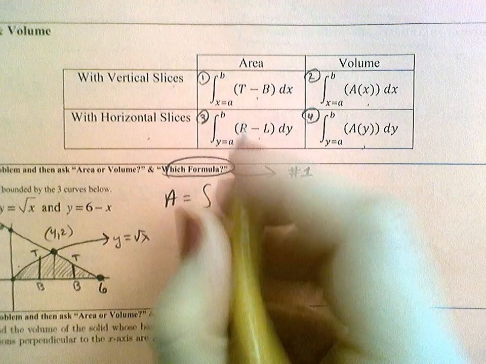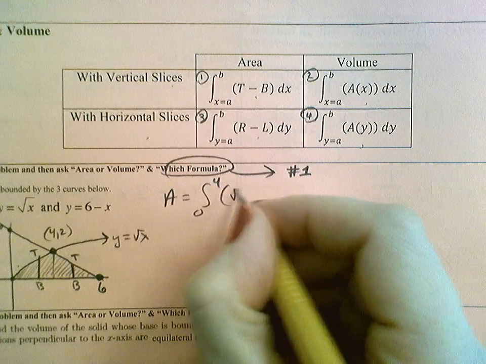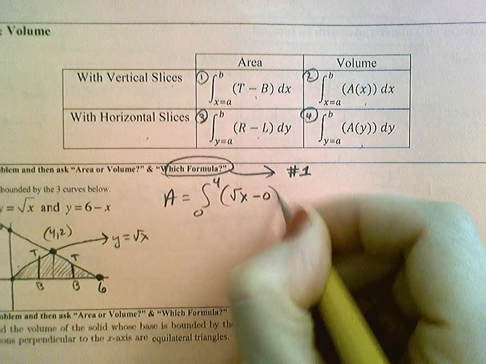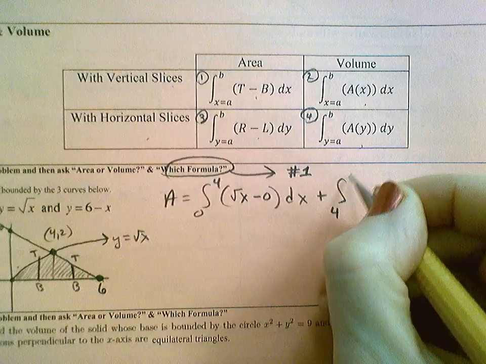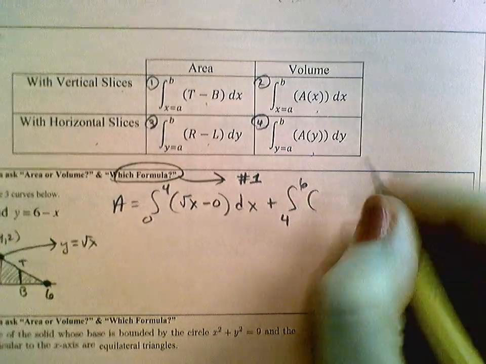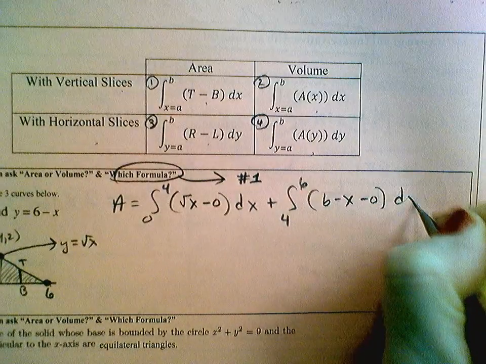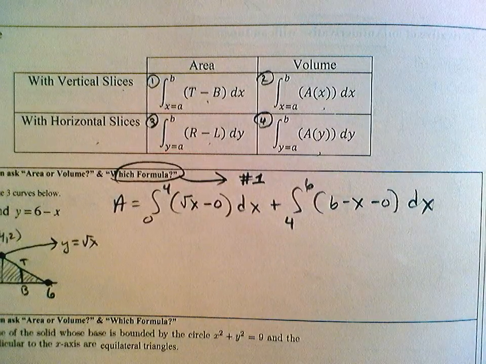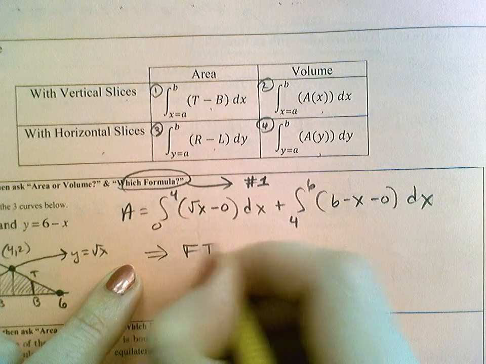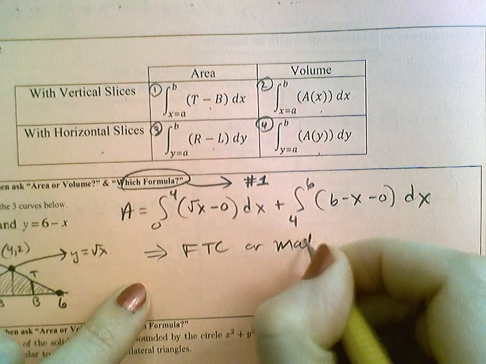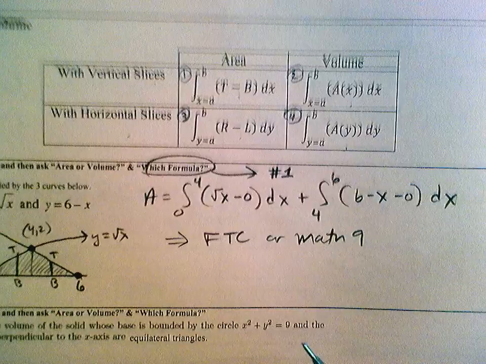All right, it's going to be the integral from 0 to 4, top minus bottom, radical x minus 0 dx, plus the integral from 4 to 6. This time the top is 6 minus x, and then minus the bottom, minus 0. You don't have to write in the minus 0. Then FTC or Math 9, it depends on how they ask.